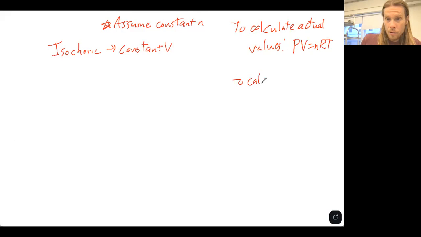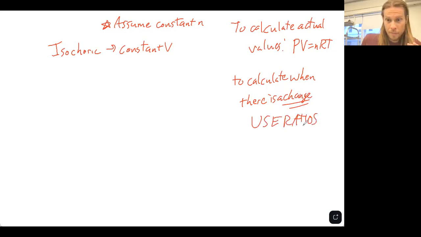To calculate something when there has been a change, use ratios. Right? And actually, I should add one more. Don't forget that PV equals nRT.